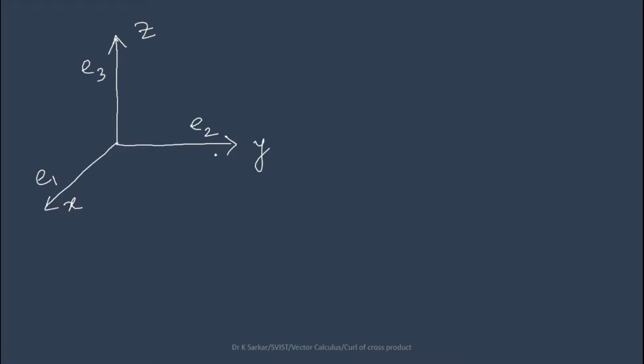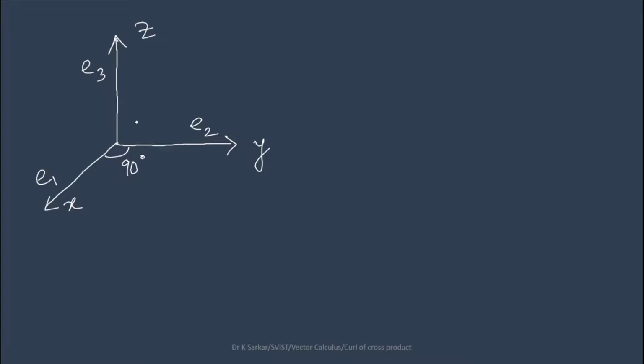Let's try to understand the relation between Kronecker delta and the unit vectors. Let us take three axes x, y, z. Along the x-axis unit vector e1, along the y-axis unit vector e2, along the z-axis unit vector e3. Now the angle between e1 and e2 is 90 degrees.